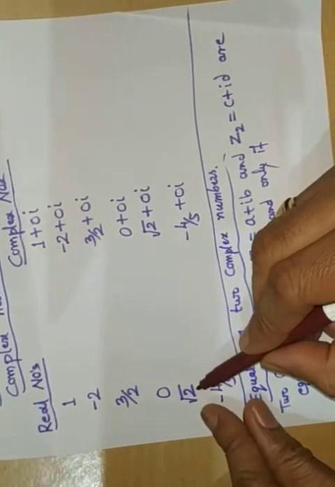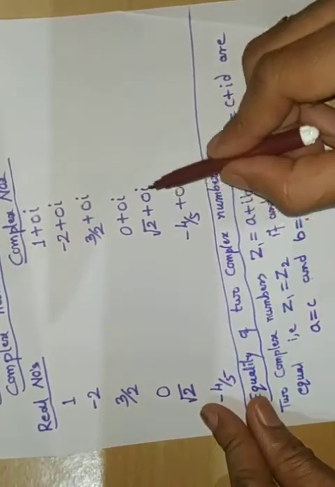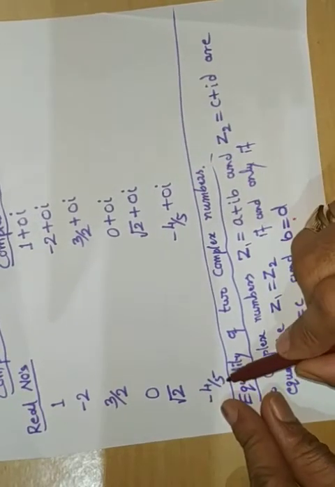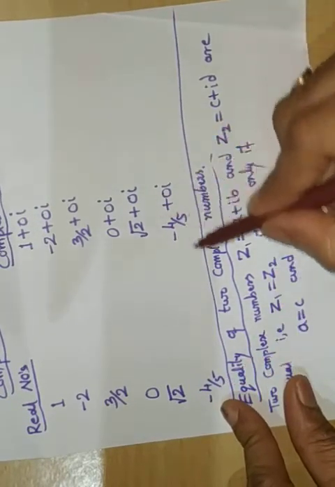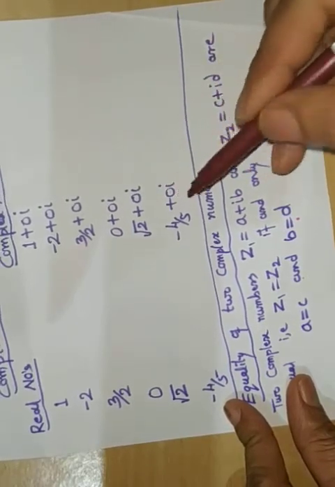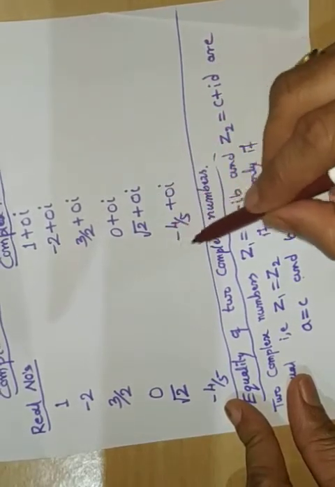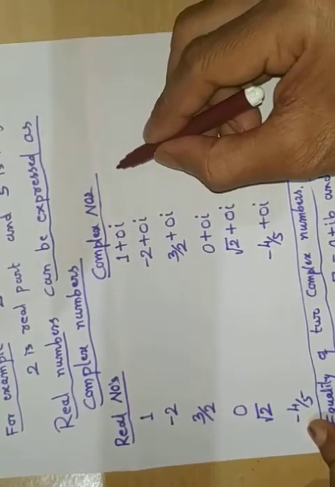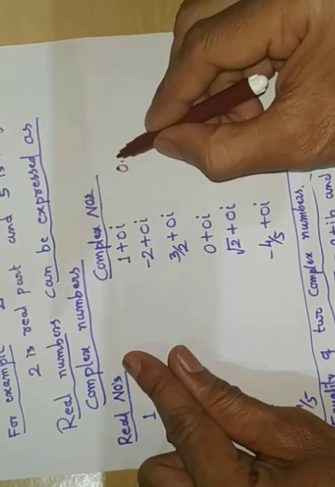Root 2 can be expressed as the complex number root 2 plus 0i. And minus 4 by 5 can be expressed as minus 4 by 5 plus 0i, meaning the imaginary part is 0 and the real part is minus 4 by 5. One more example, 0.31.